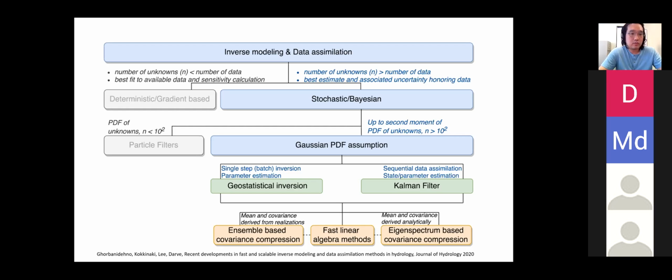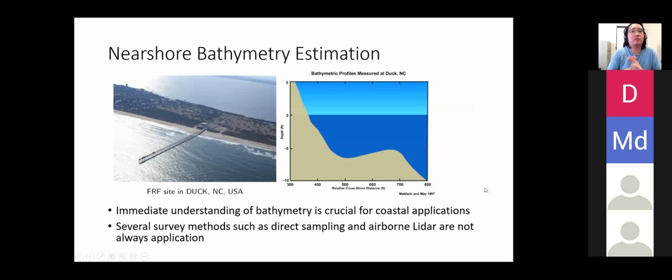Okay, so this is another example. I just mentioned subsurface engineering. Now I move to another application that people in Hawaii may be interested in, which is also a defense application. This is called bathymetric estimation.